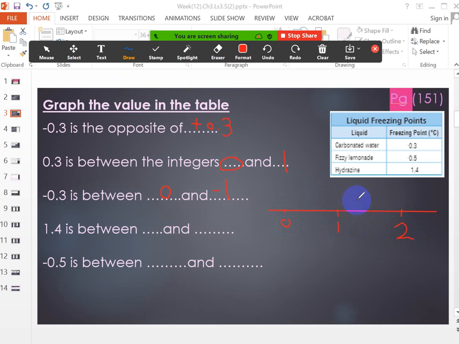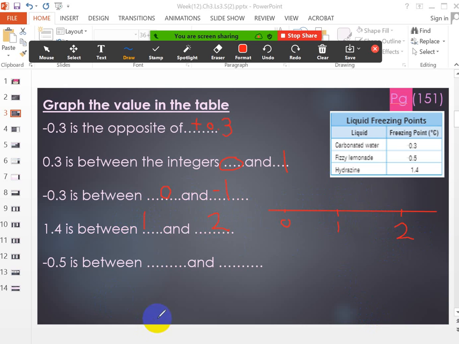Now, 1.4 is greater than 1, right? Greater than 1 but less than 2. Yes, Rina, that's correct. So it will be between those two integers, 1 and 2.